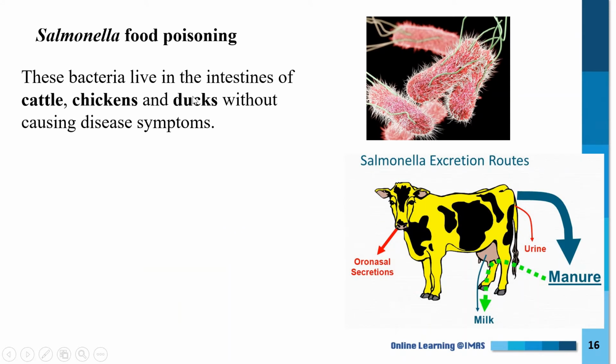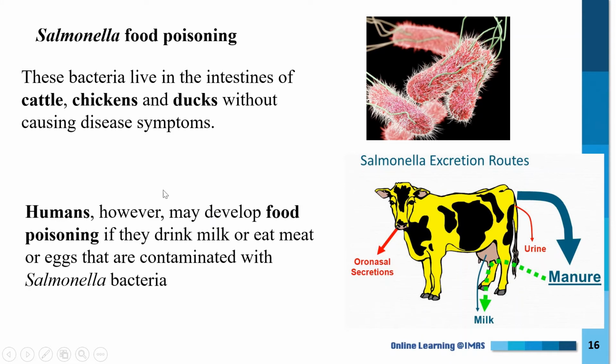These bacteria live in the intestine of cattle, chicken, and ducks without causing any disease. But if these bacteria get into humans, they will cause poisoning. For example, if they drink milk from cattle which is contaminated with salmonella, because sometimes salmonella can be found in the feces.